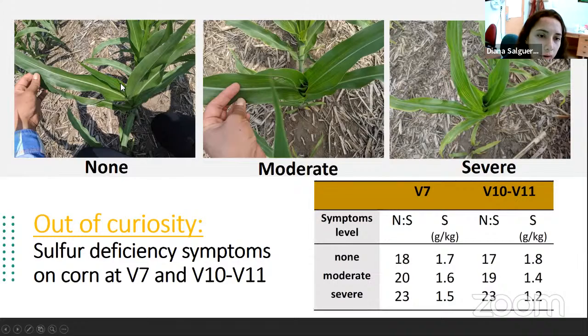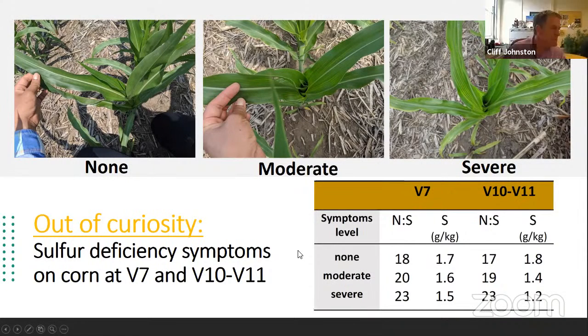This picture on the top right shows a plant that is healthy, that we wouldn't expect to have a deficiency. The one in the middle shows a moderate deficiency with a slight yellow striping. And the one that we labeled as severe deficiency is smaller, with a pale yellow color and a stronger yellow striping.